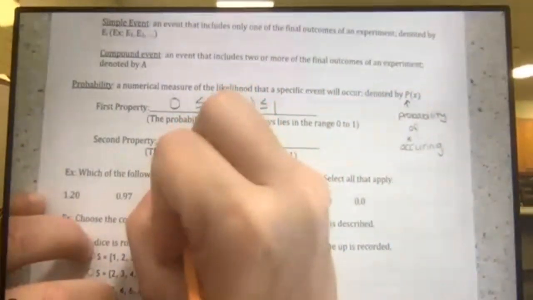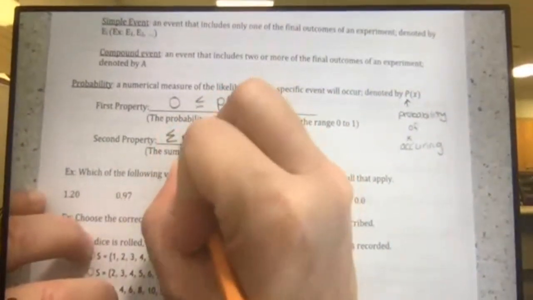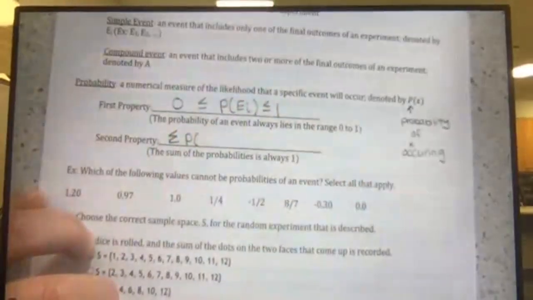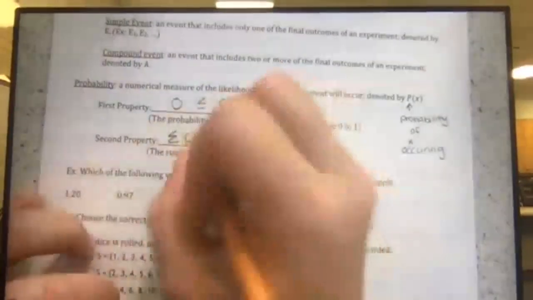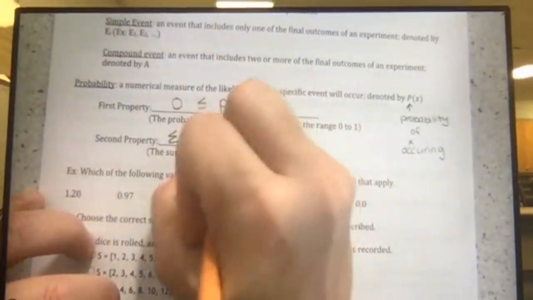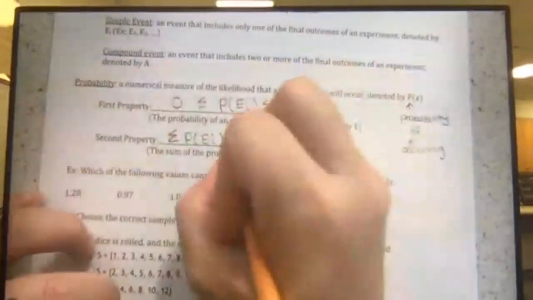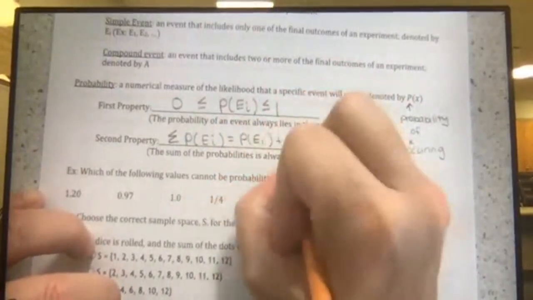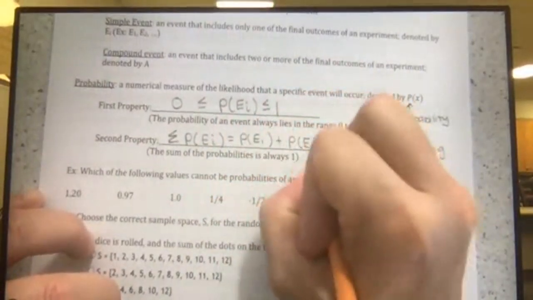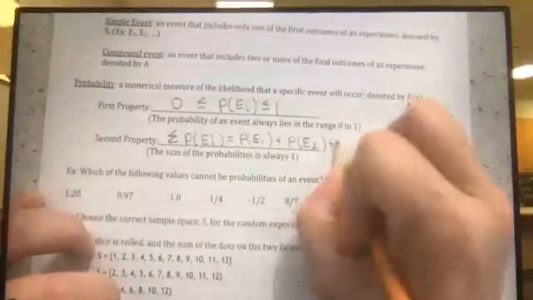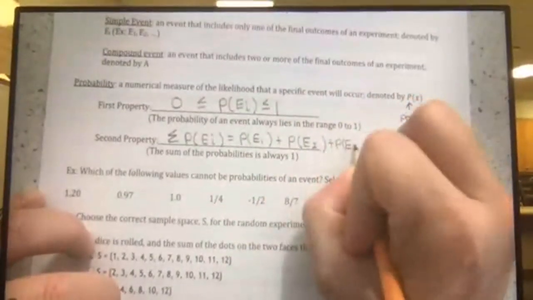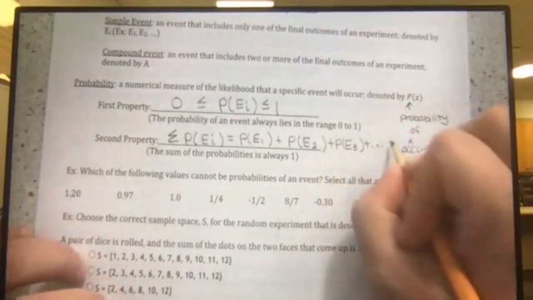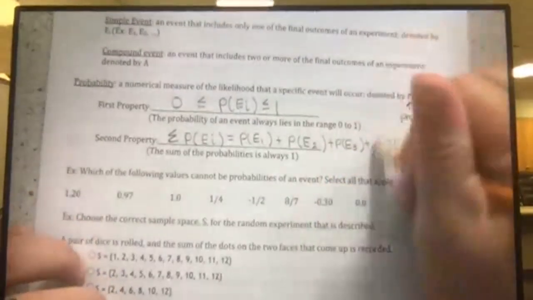Writing this algebraically or statistically, we have our sigma, which remember means the sum of, our probabilities of our events, which would mean the probability of E sub 1, plus the probability of E sub 2, plus the probability of E sub 3, plus so on and so forth, is always going to add up to equal 1.